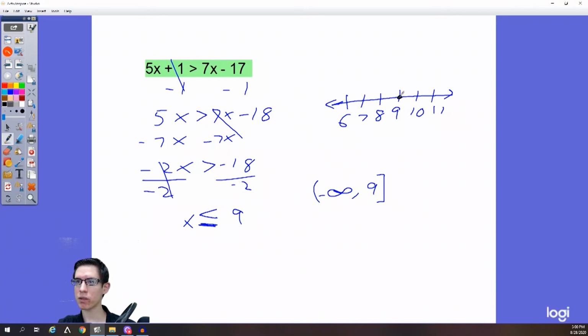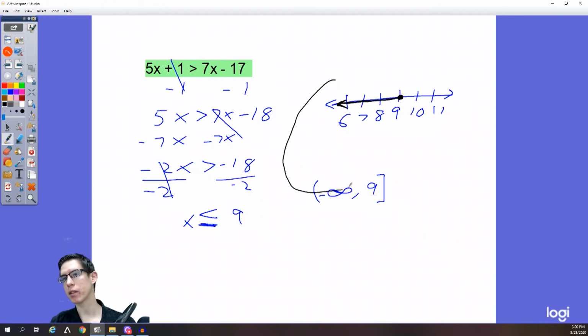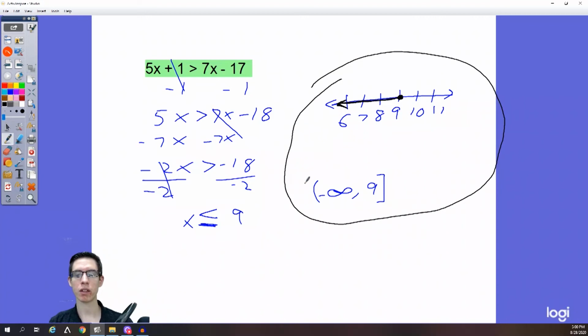And because it's equal to 9, I've got to put a closed circle on the 9, and then draw my arrow to the left. Something that looks like that. So going to the left, that's our graph, and this is our interval notation. Either of these is going to be a valid solution for our inequality.